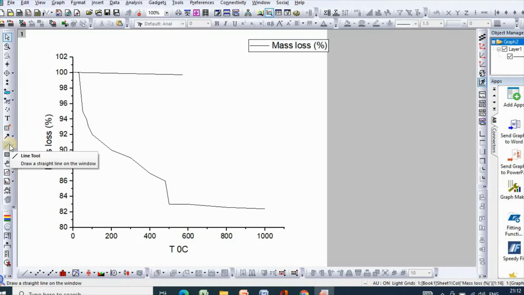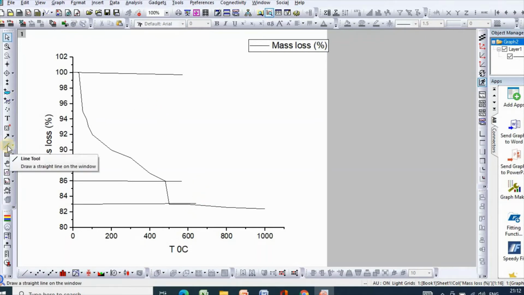and you also need to draw a line here, and also here.